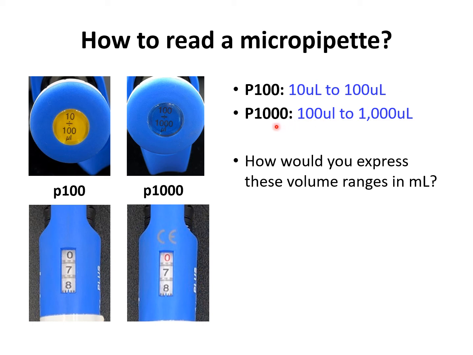Okay, the P1000 can measure 100 microliters to 1,000, or basically 0.1 mil to 1 milliliter. So for a P1000, the maximum amount it can measure accurately for you would be 1 mil. Okay, so again, be familiar with how to convert between microliters and milliliters. So go ahead and practice that, okay?